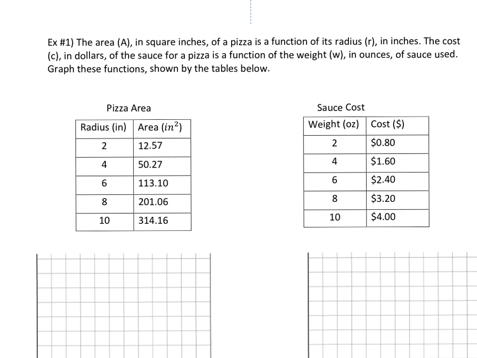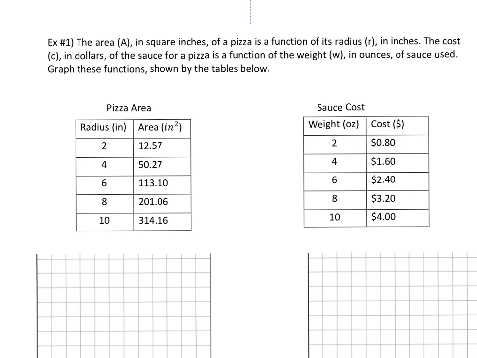So you have the cost, C, in dollars of the sauce for pizza is a function of weight W in ounces of sauce used. So it's 2 different things going on.